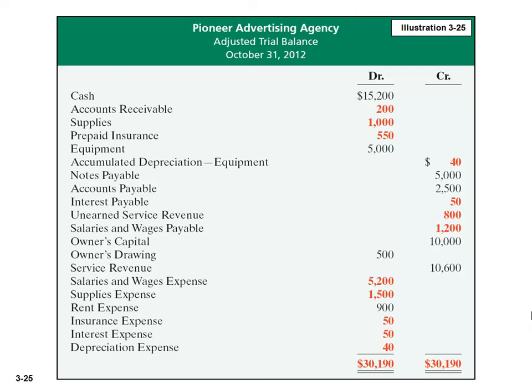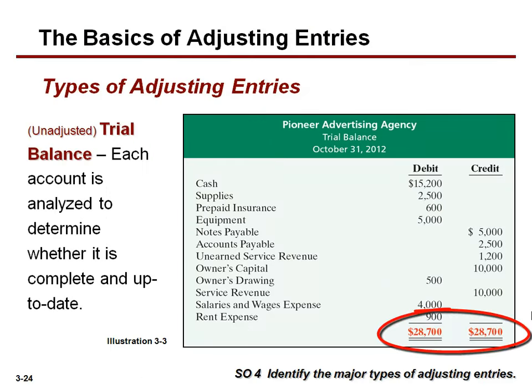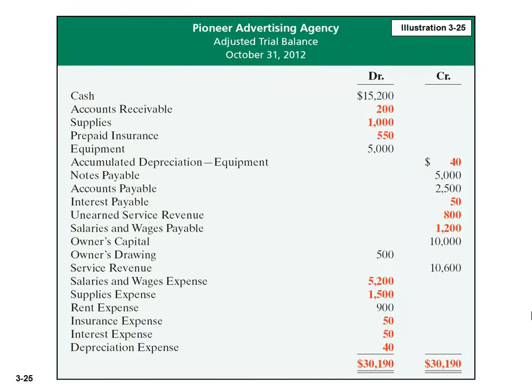The overall number of debits and credits have increased. What was it previously? $28,700 total debits, total credits. When the dust settles, we have $30,190 of debits and credits in our adjusted trial balance. And at this point, we can pull off financial statements not in the previous starting point.